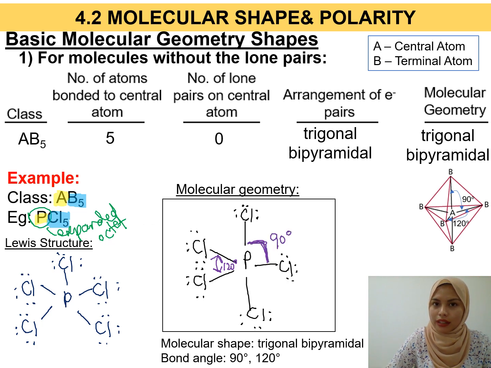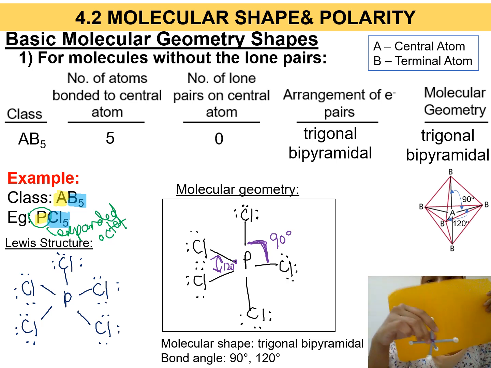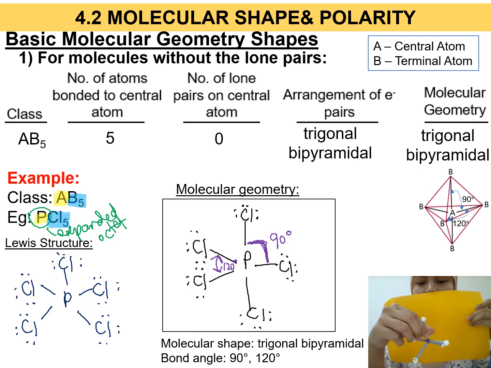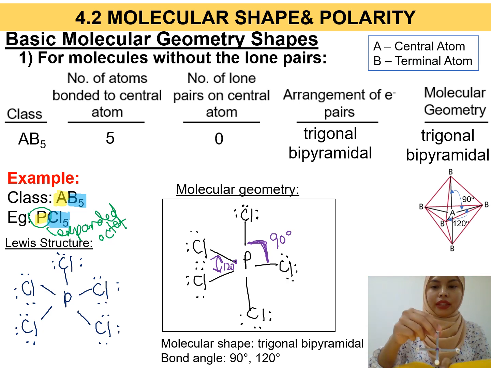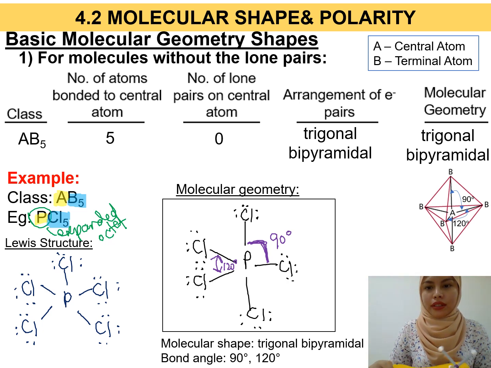You kena hafal tau dia punya shape, dia punya bond angle. So macam mana kalau let's say in real life, how does it look like? So this is the shape of trigonal bipyramidal. So you can look here, dia macam pyramid, trigonal bipyramidal. Dia ada dua pyramid.